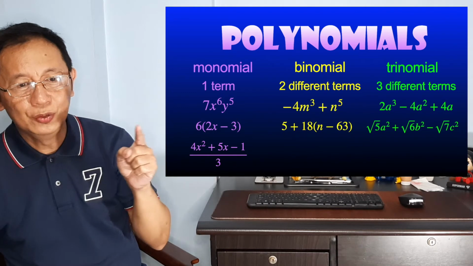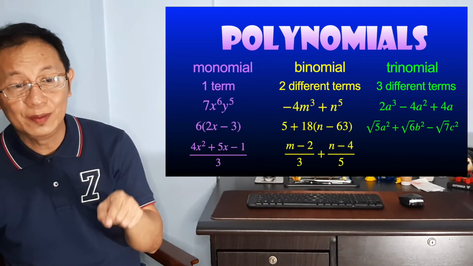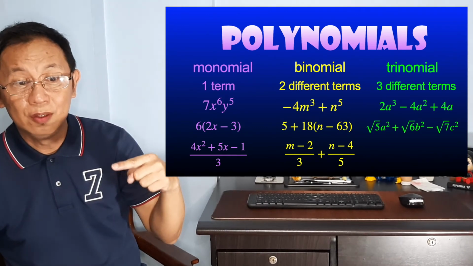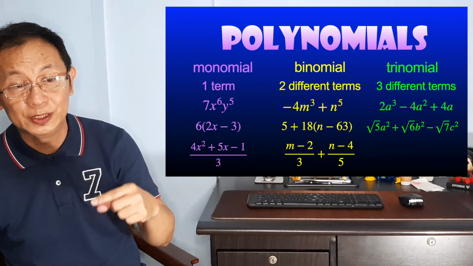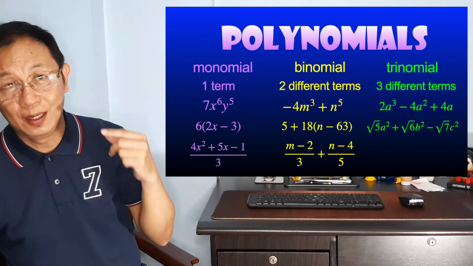So, n minus 2 all over 3 plus n minus 4 all over 5. So, yung n minus 2, pinag-isa siya ng 3. Yung n minus 4, pinag-isa siya ng 5. So, there are only two terms in this polynomial. So, this polynomial is a binomial.